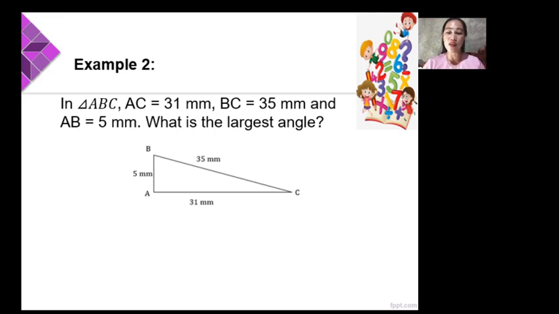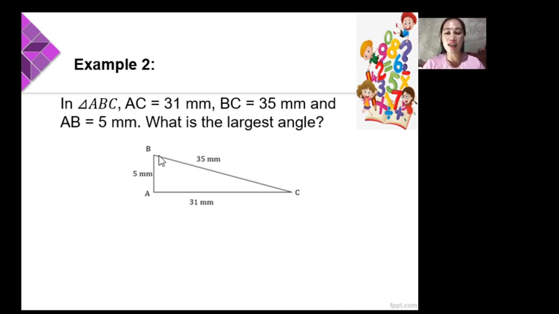Okay, so first, we determine the opposite angles of each side. The angle opposite to side AB is angle C. Side AB is the shortest side. Next, the angle opposite to side AC is angle B. And the angle opposite to side BC is angle A. What is the longest side?